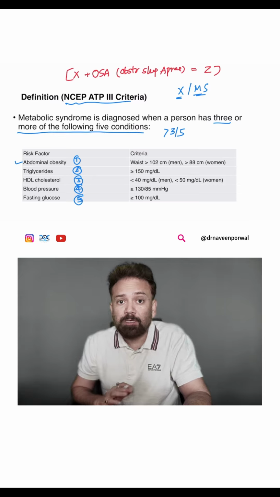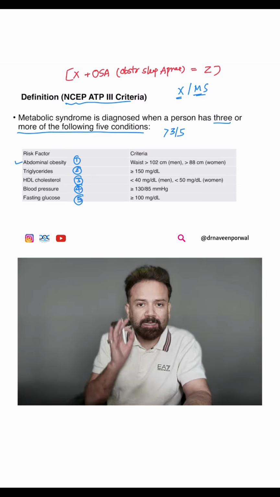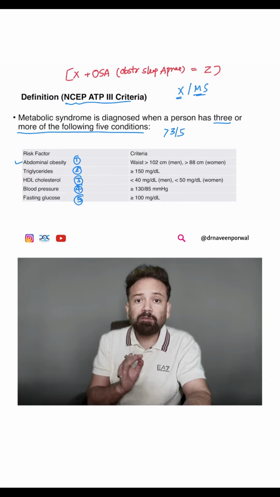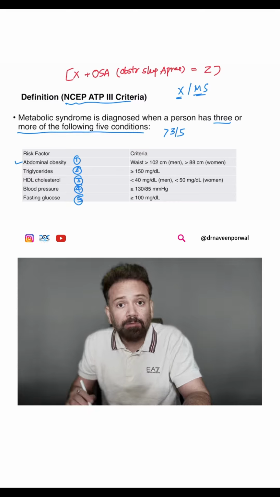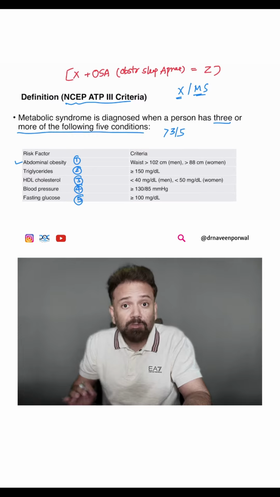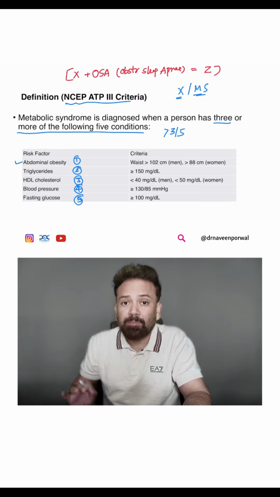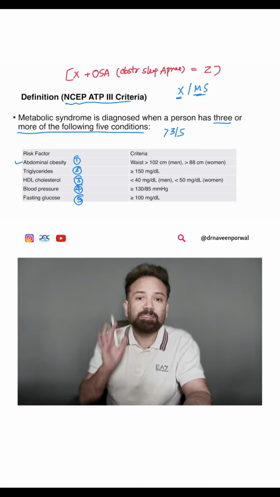In medicine it will be taught in detail, but for your physiology purpose, at least remember that syndrome X, or metabolic syndrome, is when someone has 3 or more criteria out of these 5, and if someone also has obstructive sleep apnea, it is called syndrome Z.